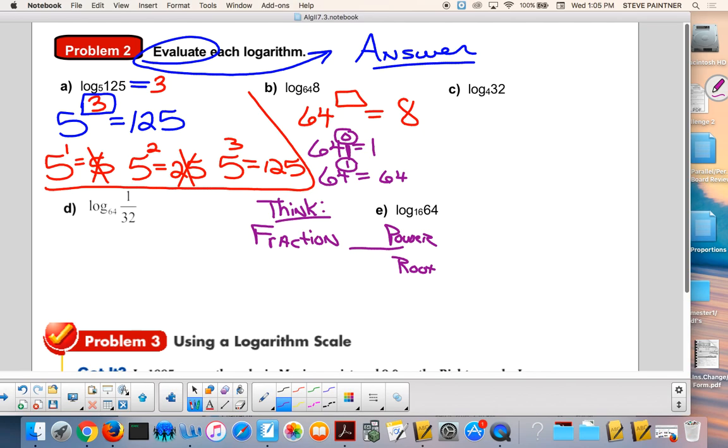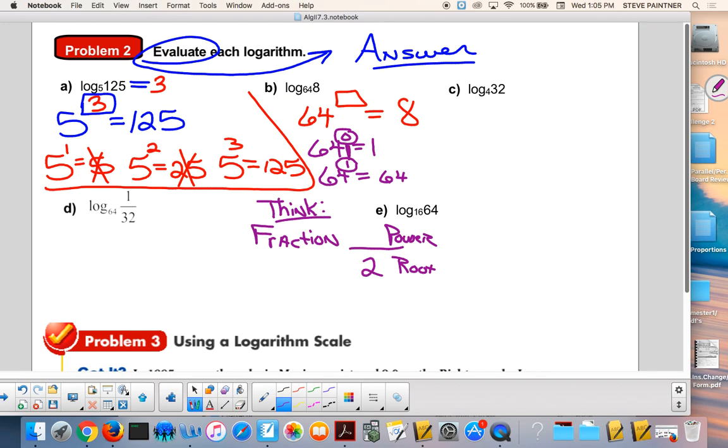Square root, cube root, fourth root, fifth root. And by the way, I always start at square root, then I go cube, then I go fourth. I wouldn't start up here and go down. I do know the square root, so I put a 2 there.